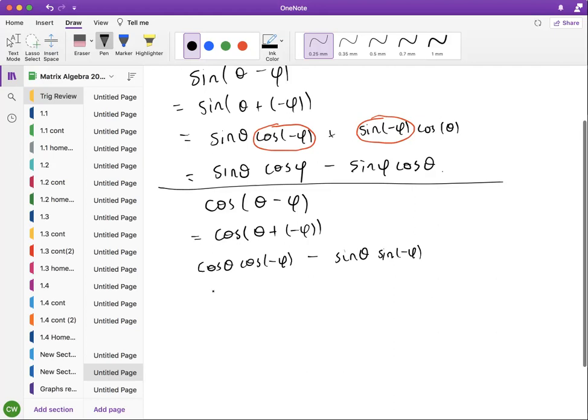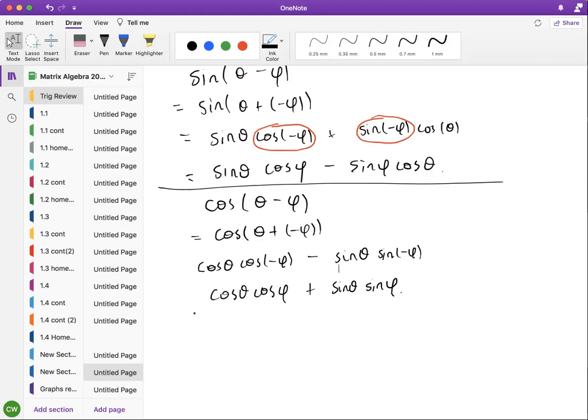So cosine is even, so it's cosine theta, cosine phi, and then sine is odd, so it's plus now, sine of theta, sine of phi. So again, sorry for not coming up with a good formula or a proof for the sum of angles for cosine, but now we have the formula for the difference. Okay.